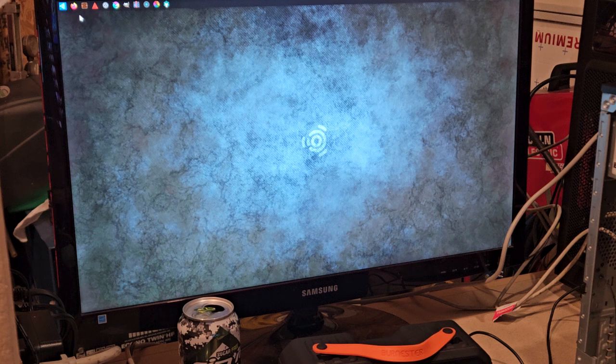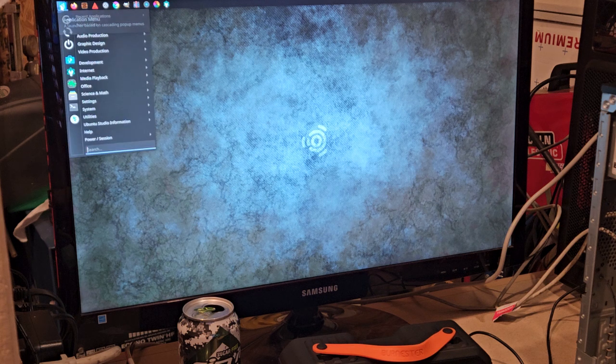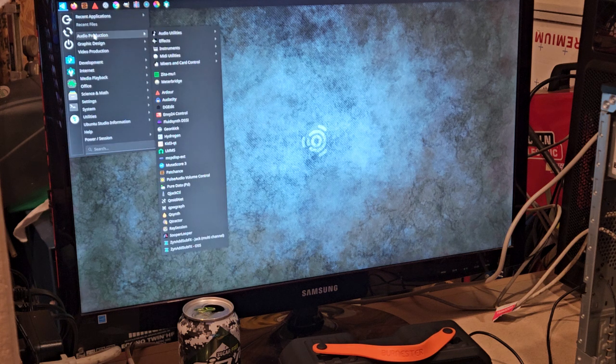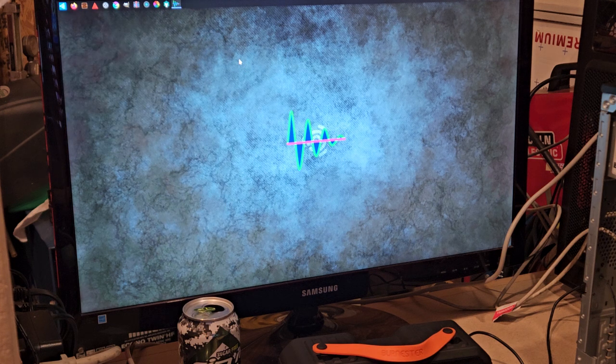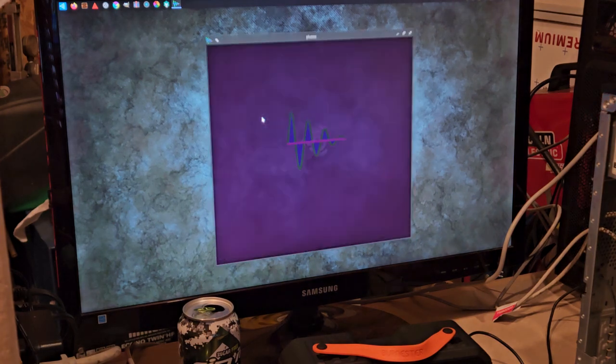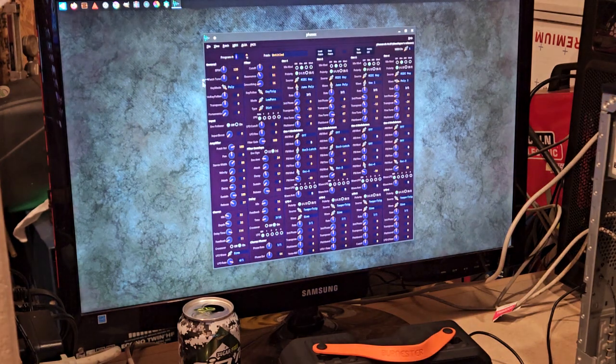So maybe that one ain't gonna open. Oh, what is this? Phaser. Man, look at this. This is really hard to read, too.